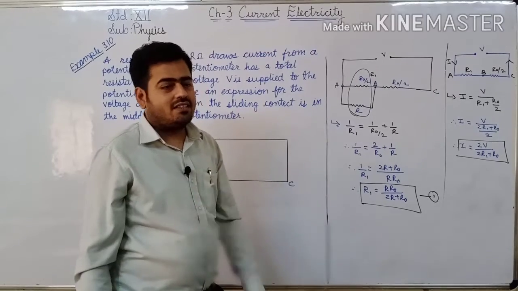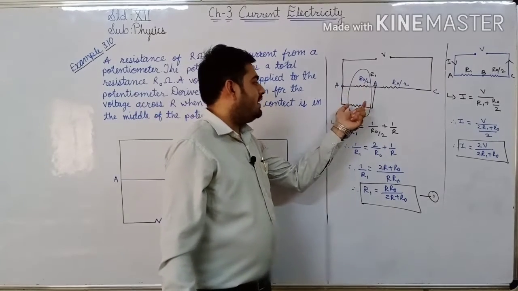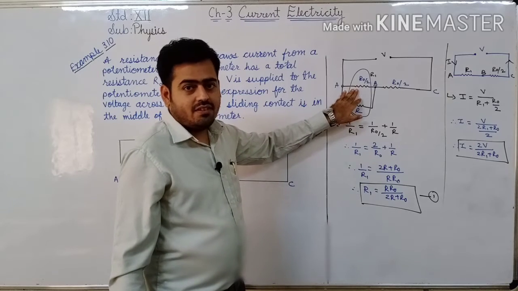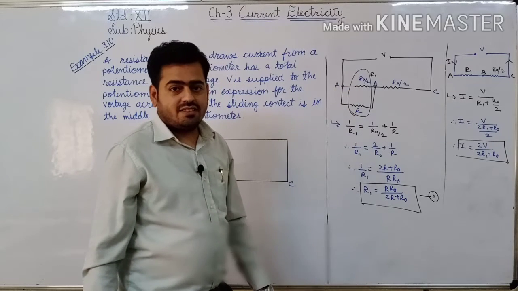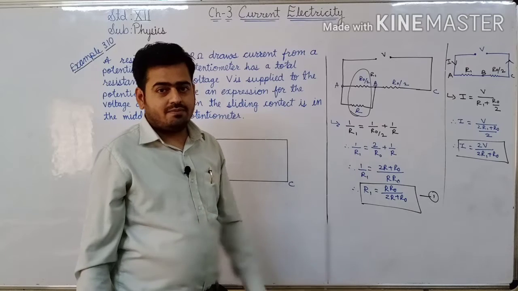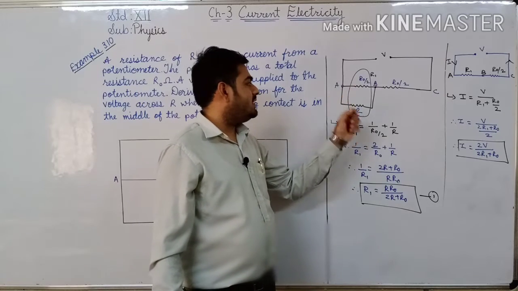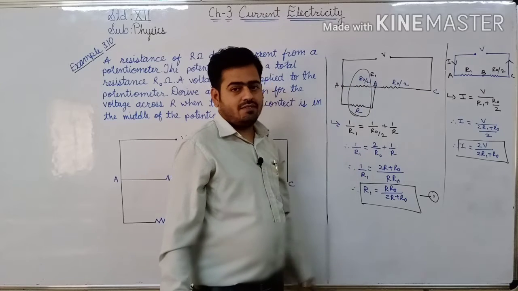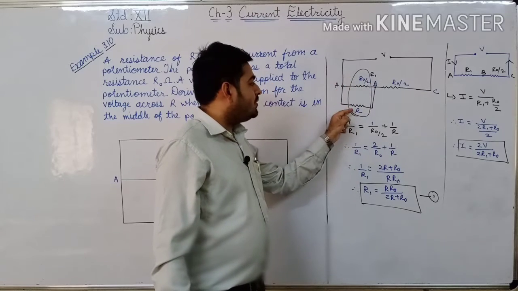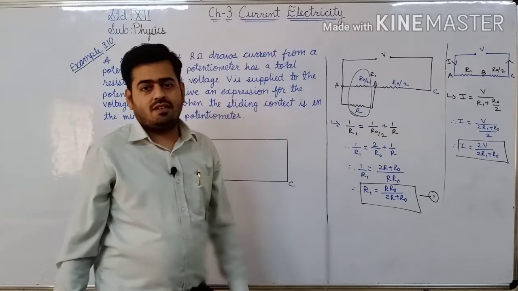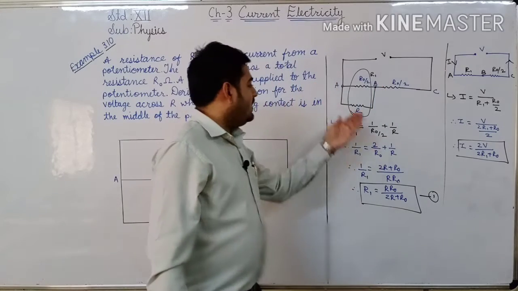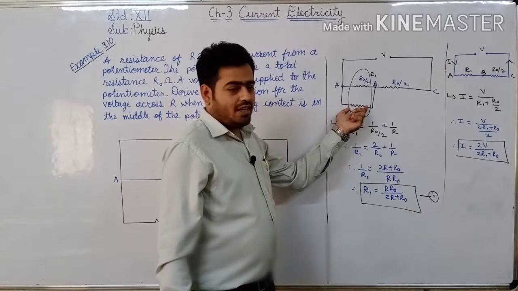And in parallel condition, potential drop remain same. Potential difference between resistors connected in parallel remain same. That is the speciality of parallel combination. जितना potential drop A और B के बीच में होगा, उतना ही R0 by 2 के बीच में होगा, उतना ही R के बीच में होगा. तो एक बार हमें VAB मिल जाए, वही होगा वोल्टेज अक्रॉस R.